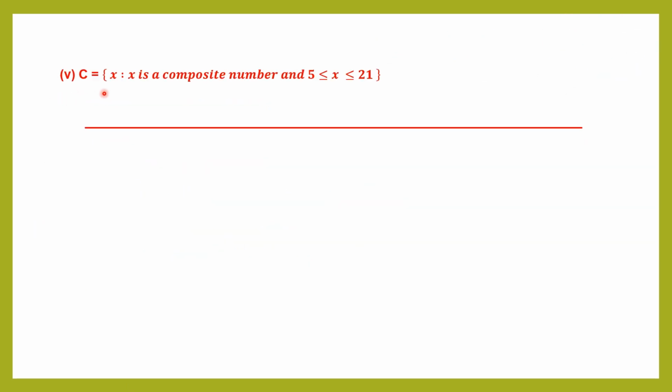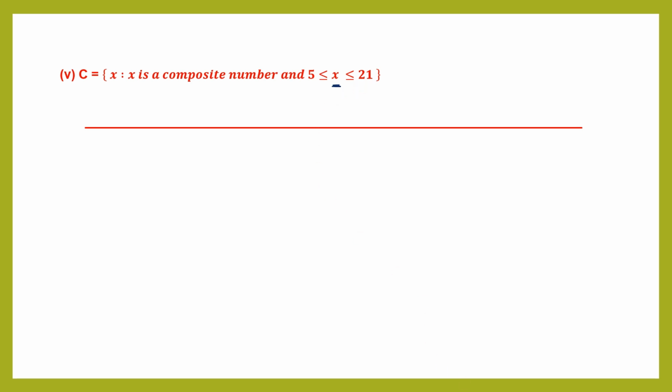Question 5. Set C is x is such that x is a composite number, and now when you get a statement like this, read it carefully by keeping x in the beginning. So now let's read it. X is greater than or equal to 5 and less than or equal to 21. So we have to think of all the composite numbers between these two numbers.